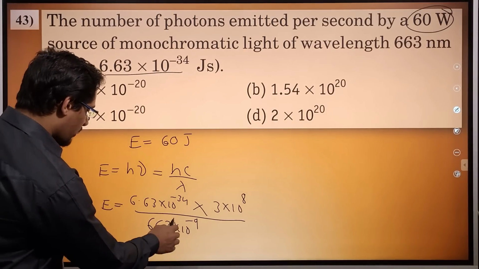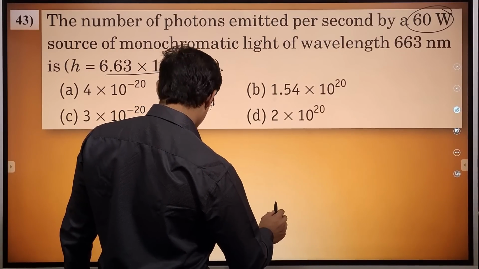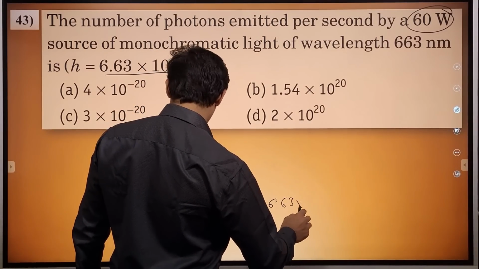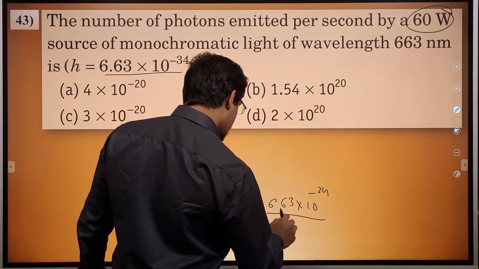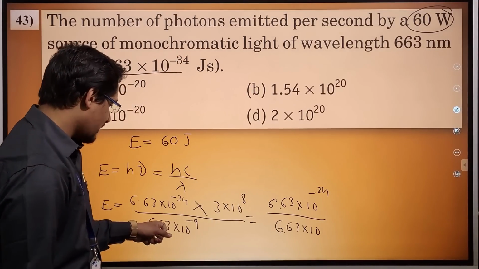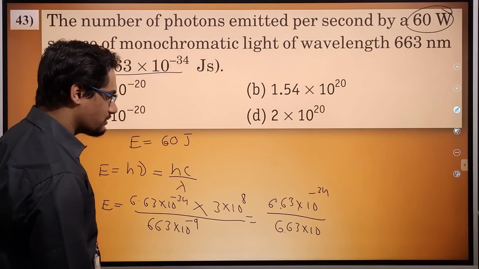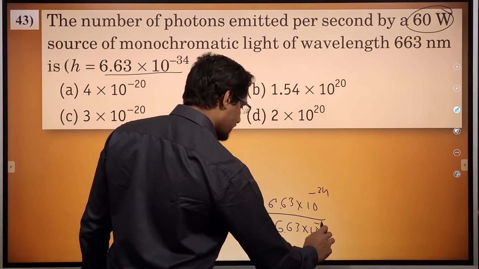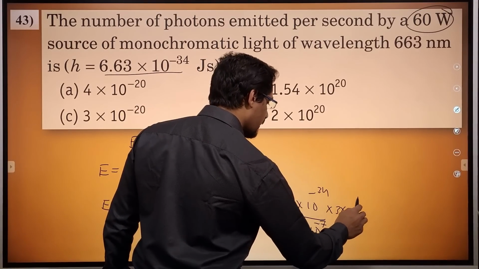Instead of doing this, what I can do? I can write it as, rest everything is same, 6.63 into 10 to the power minus 34 divided by 6.63 into 10 to the power of minus 9. As I am putting the decimal point 2 units to the left, this would be minus 7, into 3 into 10 to the power 8.